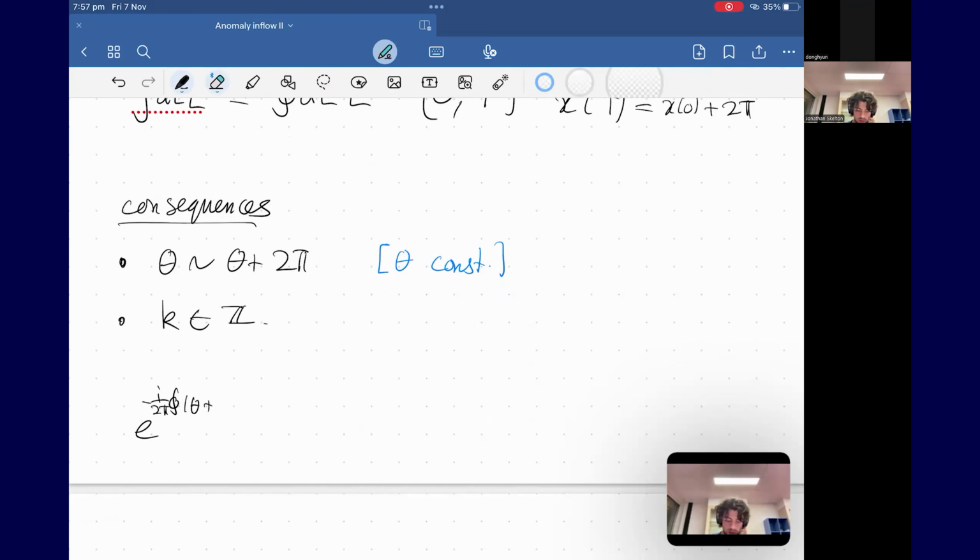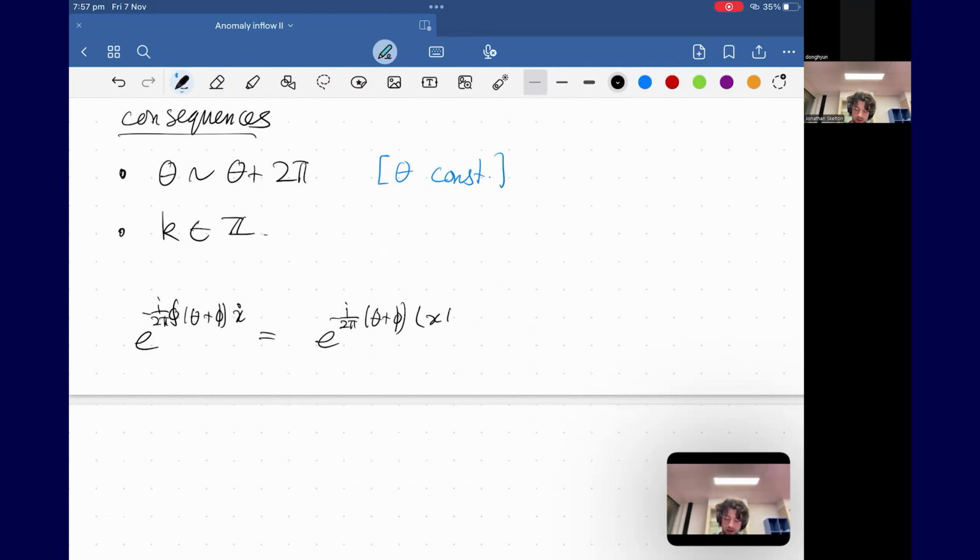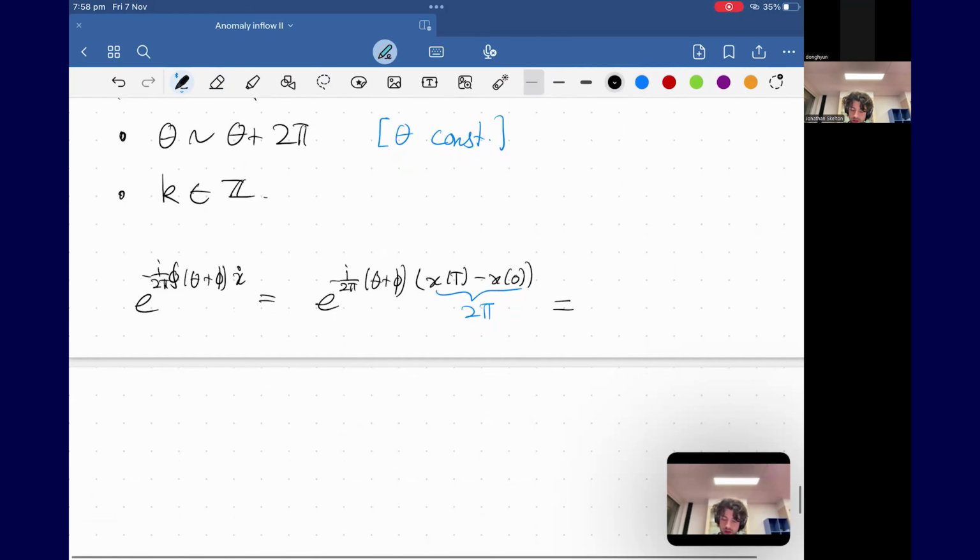Let's make it phi just to have fewer numbers. x dot, which then will be e to the i 2 pi theta plus phi, and then we integrate, and then we basically have x of tau minus x of 0, which then we said is going to be equal to 2 pi, which is then going to be minus i theta plus pi, which implies that we need pi to be 2 pi. So there we go. So we have that it's going to be periodic like this.